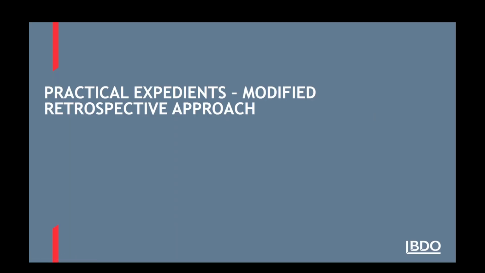The other practical expedients only apply to the modified retrospective approach. So it's important to know that these practical expedients, which you can select to use some and not others, will really help you on the calculation side. But modified retrospective usually only gives you disclosure relief, where the practical expedients give you the calculation relief.